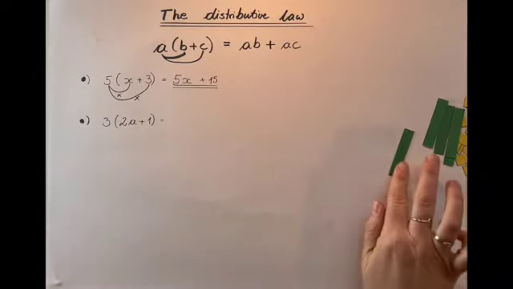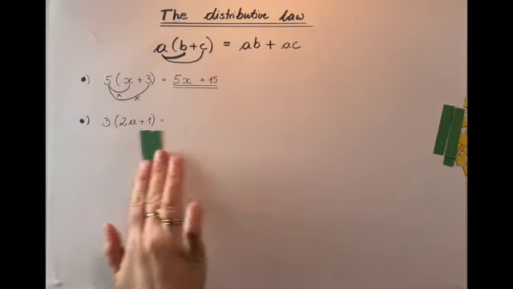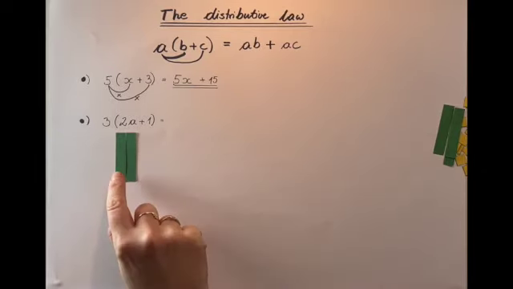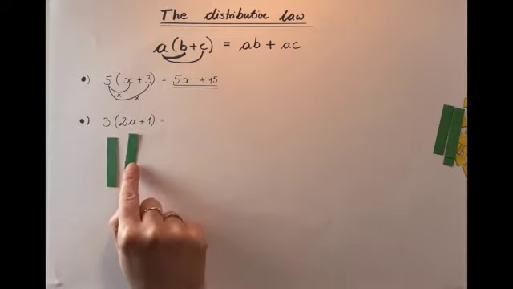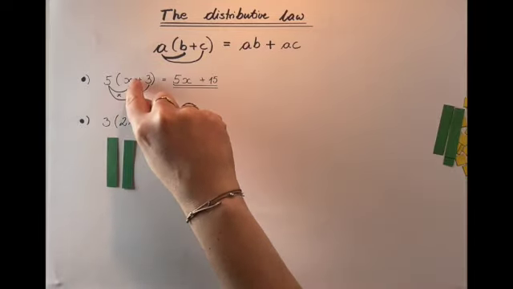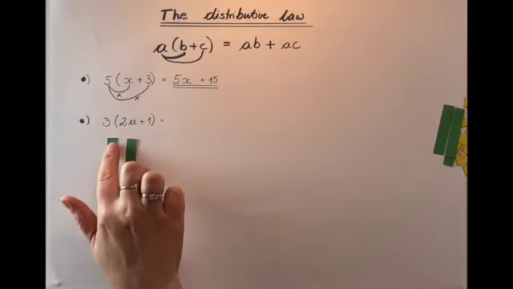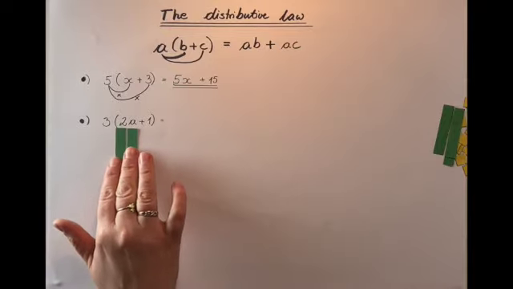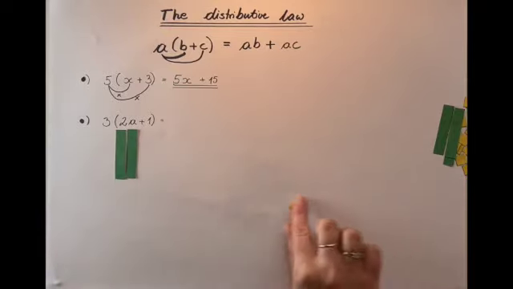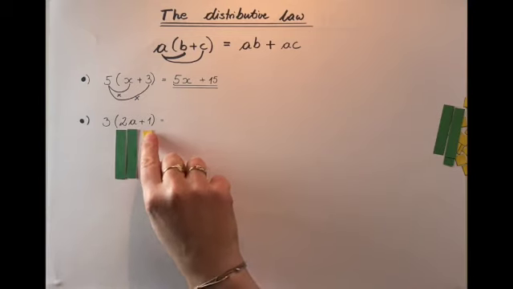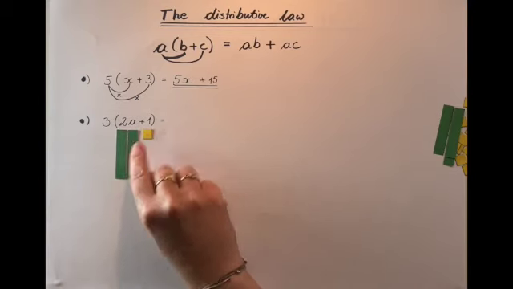So what do we have here? We have 2a. Now we're going to use these tiles to represent a instead of x. So one of these is now a. So we have 2a and we have 1 unit.